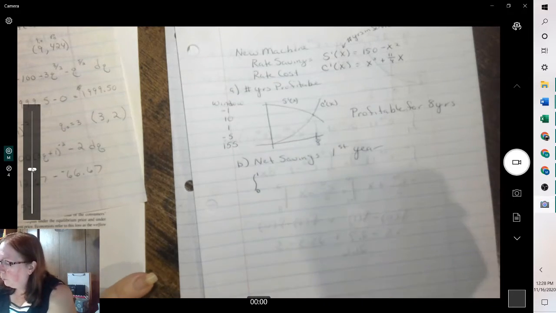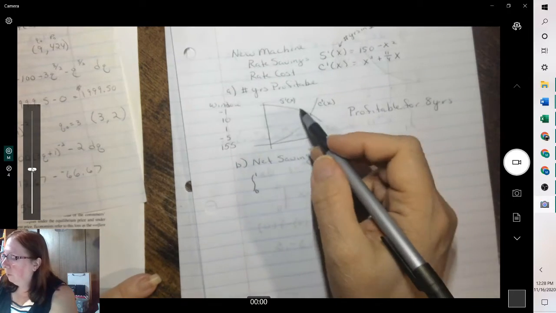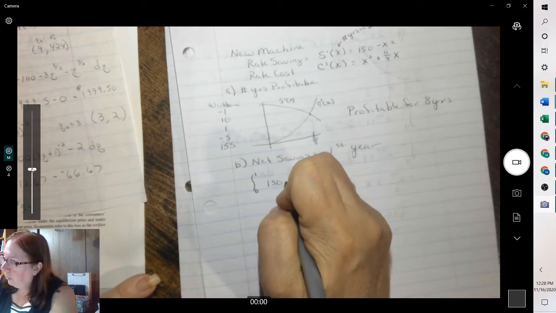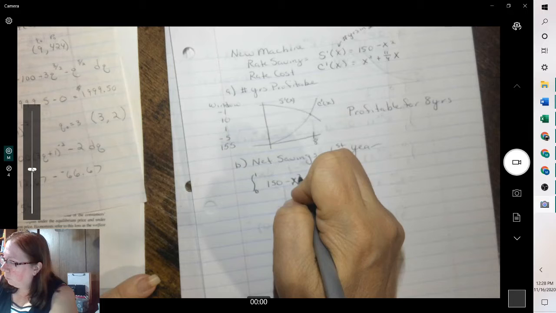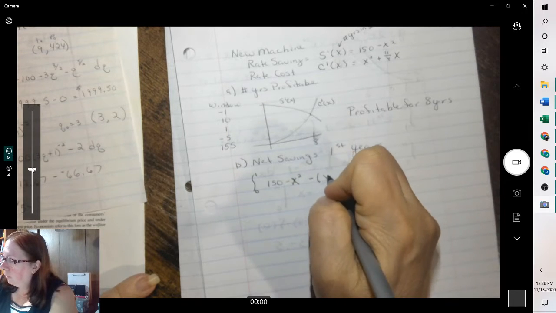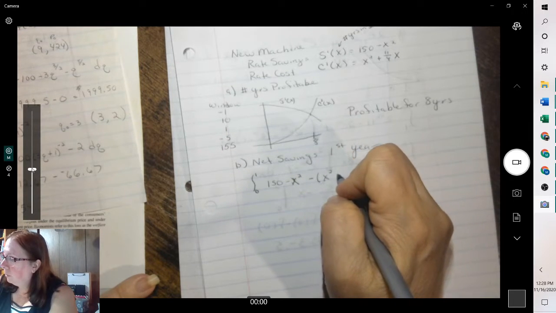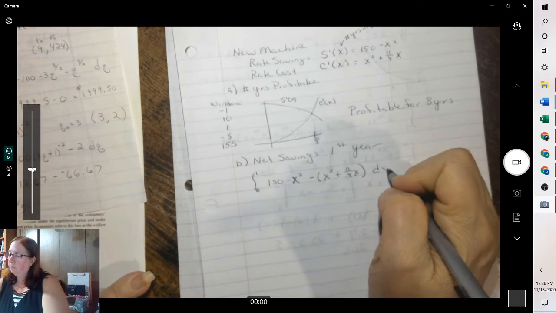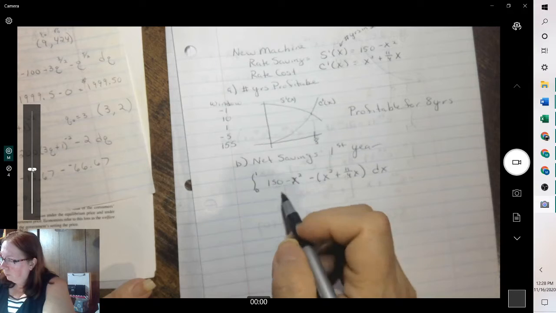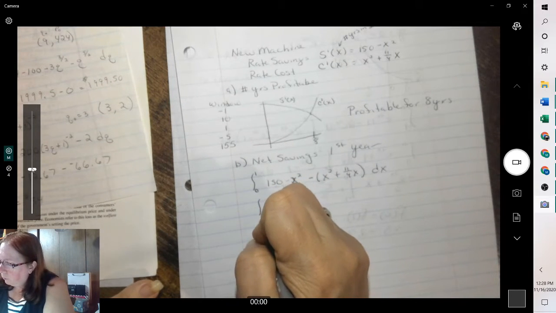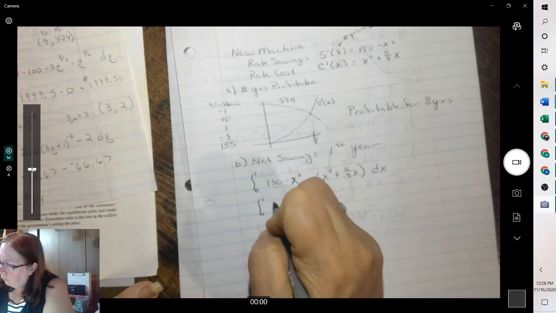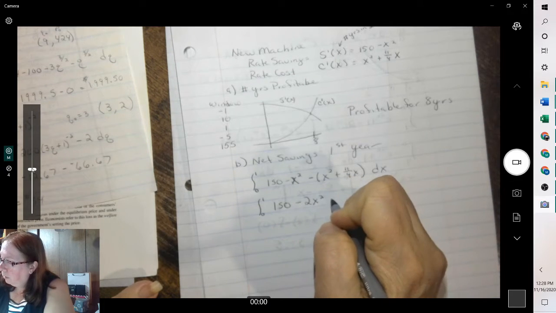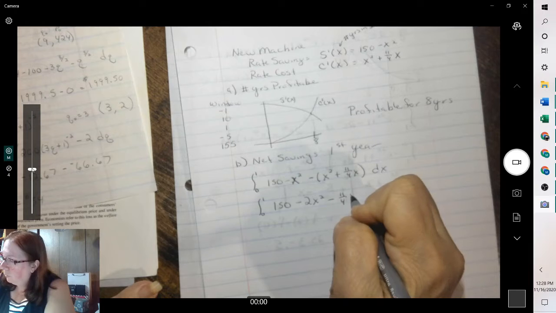So for the first year, and then remember it's the top curve minus the bottom curve. So 150 minus x squared minus c of x, which is x squared plus 11/4 x. I'm going to combine like terms first. So we have 150 minus 2x squared minus 11/4 x.